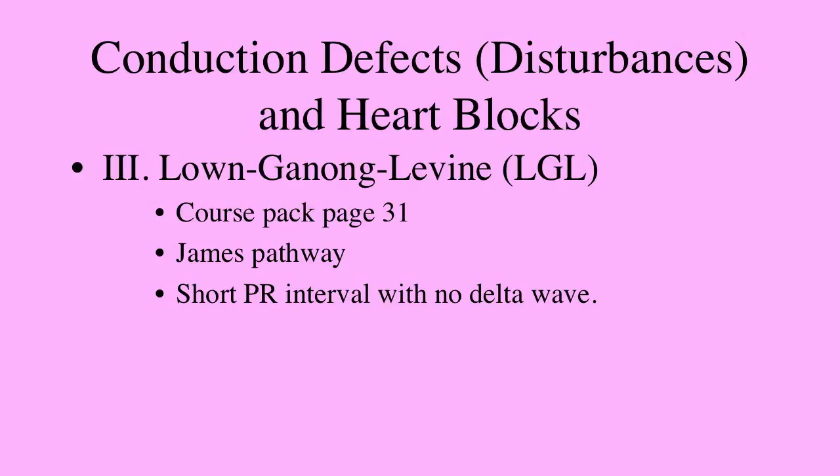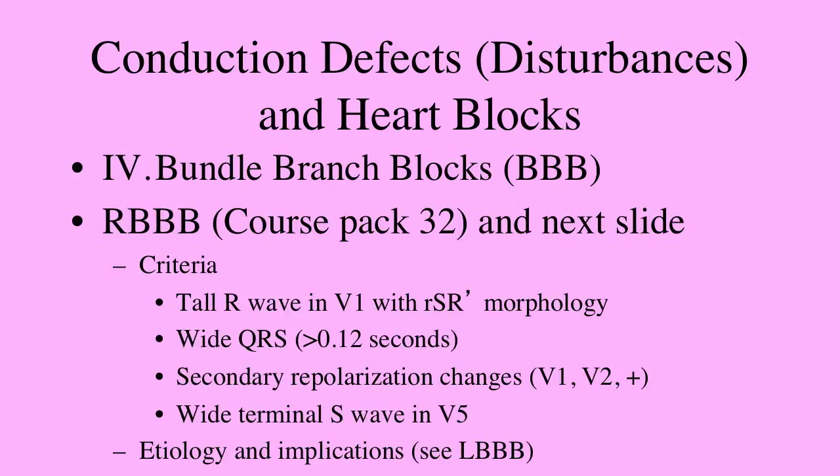Okay, if we go forward to the next slide, number 4 in the outline, I'll start talking about the bundle branch blocks, or BBB. The first one is the right bundle branch block, which you can see on page 32. We'll have an example on the next slide also. The criteria for this is a tall R wave in V1 with an RSR prime morphology.